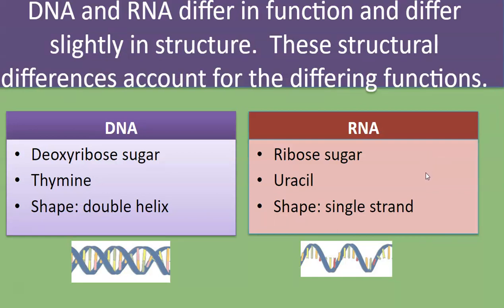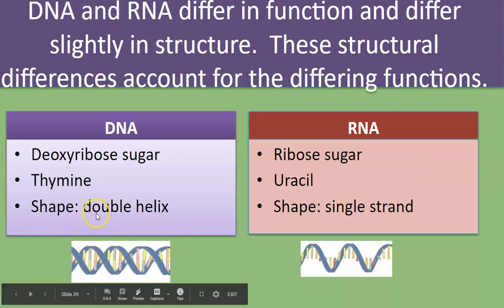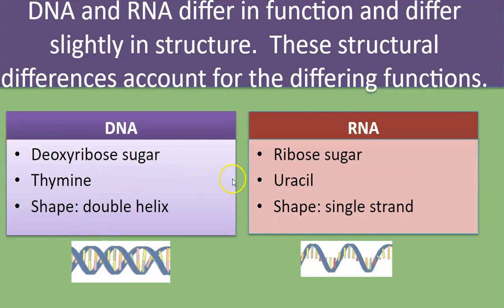Key features of DNA and RNA, like I said, the sugar, there is a difference in terms of a base. So DNA has thymine, RNA has uracil, otherwise the other three are the same. And then DNA makes a double helix, while RNA makes a single helix. I guess you can't call it a helix, it's a strand.